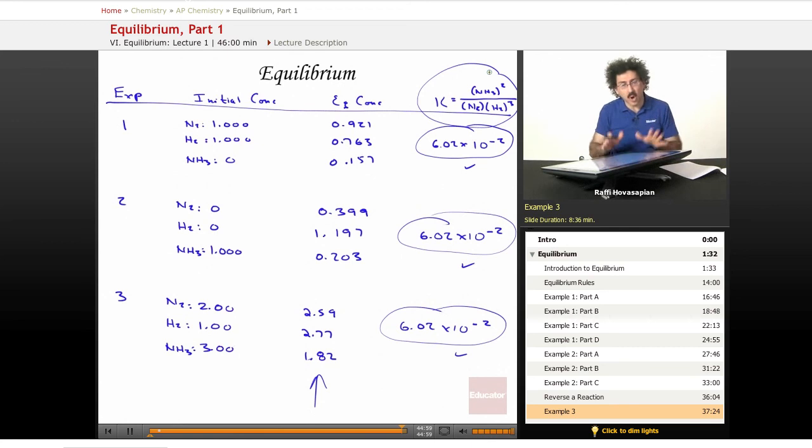Okay, so hopefully this has given you a sense of what equilibrium is. Again, it's a profoundly important topic. Those of you that go on into biology, biochemistry, biophysics, or physics, any kind of science, all systems tend toward some kind of equilibrium.